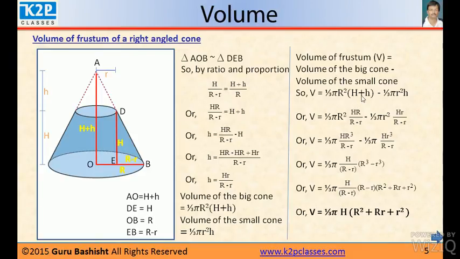Now this h can be replaced by its value. Here see, capital H plus small h equals HR by R minus r. So we can replace this value here, and here this h can be replaced by Hr by R minus r. By simplifying, we get V equal to pi by 3 into H into (R square plus r into R plus r square). So this is the volume of the frustum of a right circular cone.